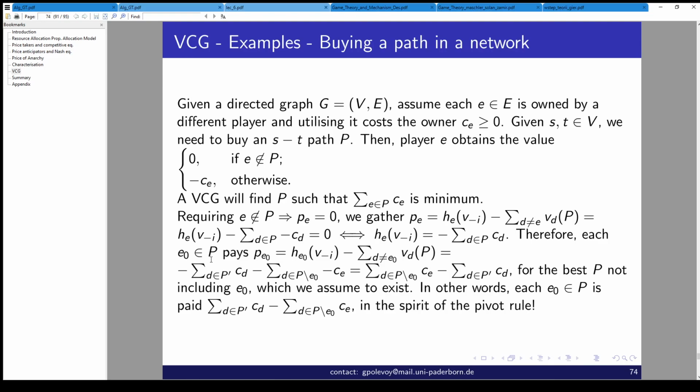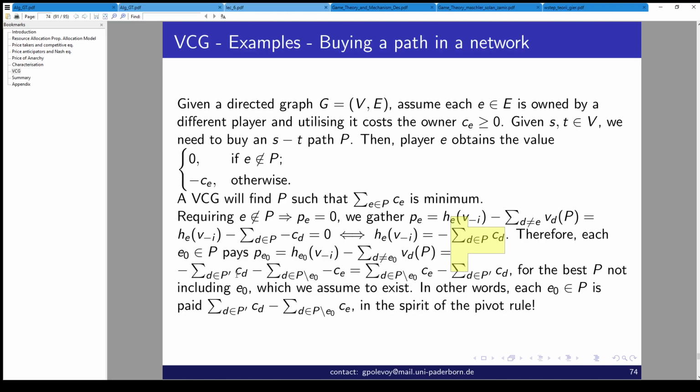Now each edge on the path has to pay h of this edge minus the sum of the value of all the other edges which are not in the chosen option. Now, h of this, we know that it's simply the sum of the costs of the edges on the best path, not on that edge.